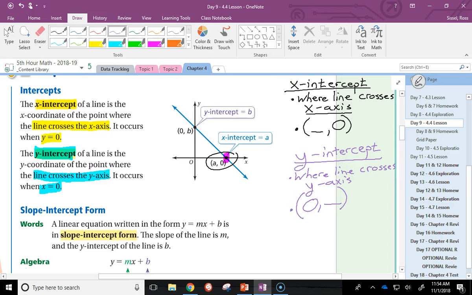Because remember, our x-coordinate tells us how far left or how far right of the y-axis we go. So if we have it at 0, we don't leave that line. We hit it. Here's their example right here. That coordinate is on the y-axis. So it's our y-intercept, and we call it (0, b), and B is our y-intercept.